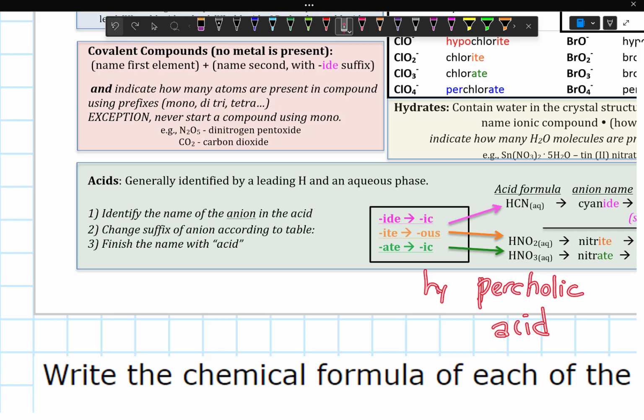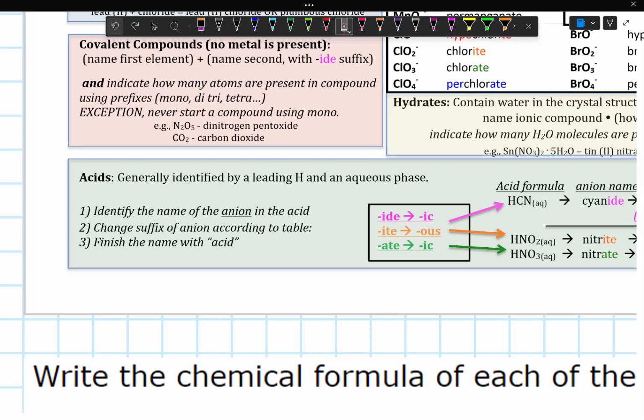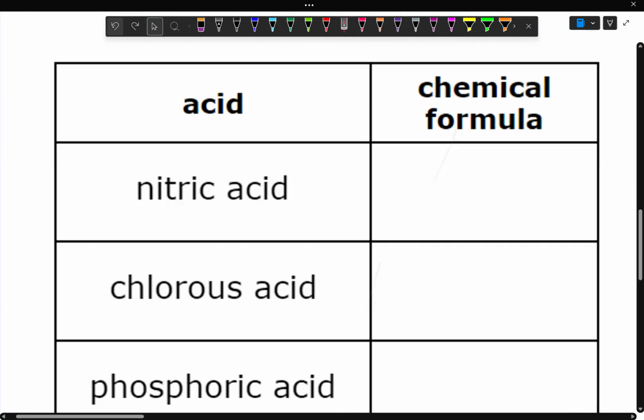It's not hydro because H2SO4 has an oxygen atom in it. Whenever we have hydro at the beginning, it means there is no oxygen atom present.